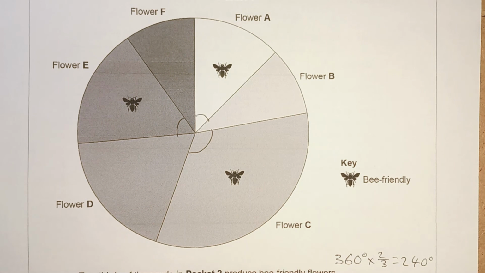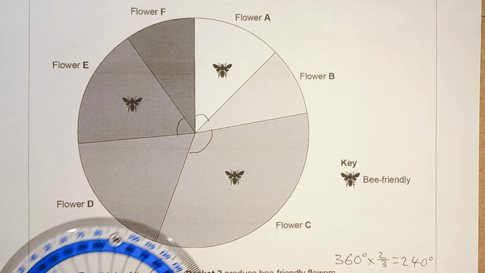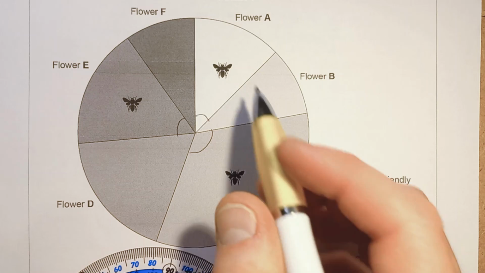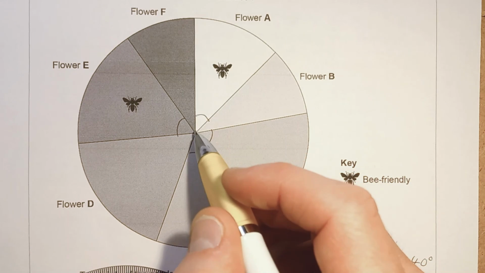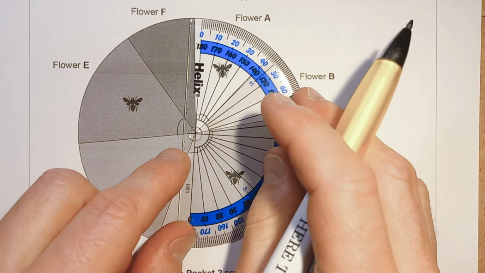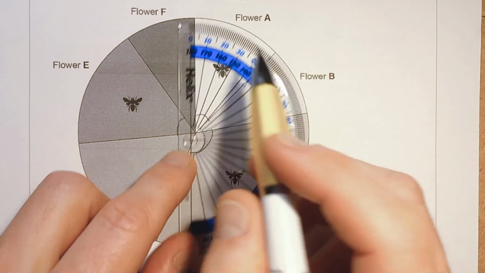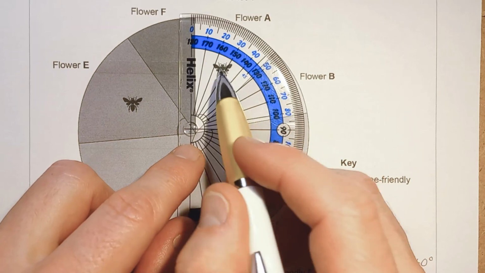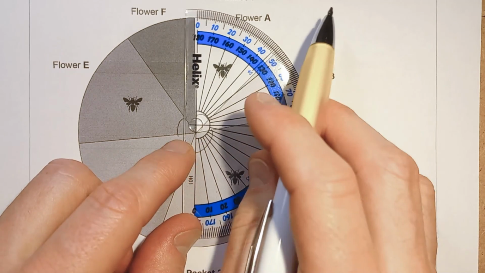Now, what are these degrees? Well, we're going to need to use our protractor. I'm going to start off by measuring this angle here. So we've got to find the crosshairs and line it up with the centre of the circle. And I'm going to start measuring from here. So I want my straight line. I'm measuring the angle, so I need these lines to be in the angle I'm measuring.